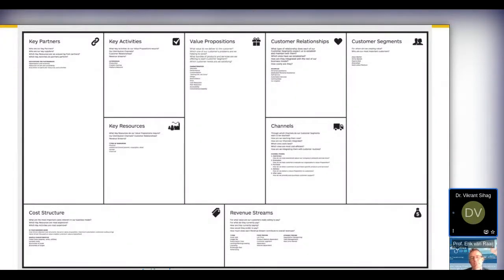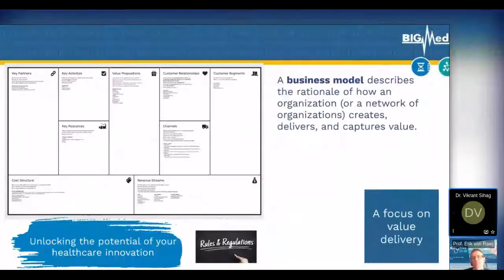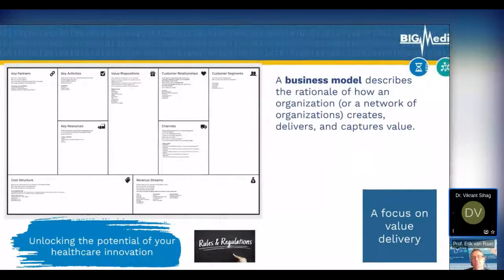And then they think about the revenue streams that could be generated so as to generate profit. An important aspect of this business model is that they think about how they can create, deliver, and capture the value.